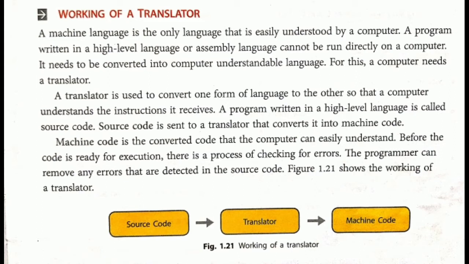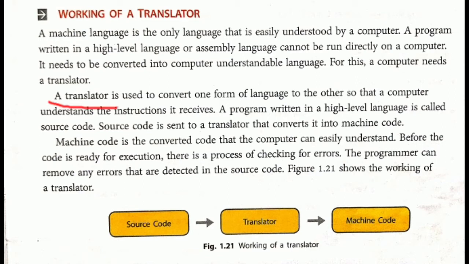Okay. So for converting the high level languages or assembly language or fourth generation languages into machine language, we use a translator. A translator has been used for converting the high level languages or assembly languages or fourth generation languages or fifth generation languages into computer understandable language, that is machine language.